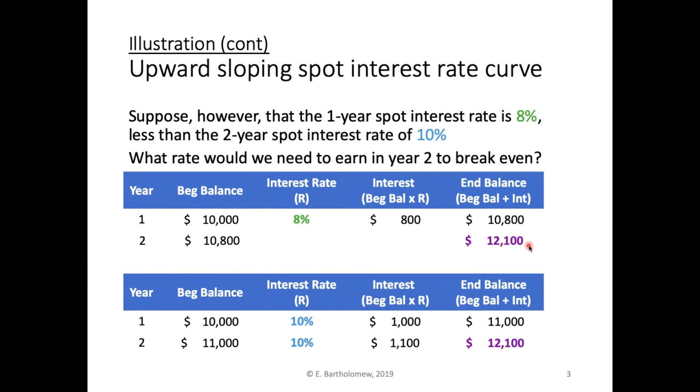And so the difference between the 12,100 where we want to be and where we start is the interest we need to earn that year, 1,300. Then we simply calculate what rate of interest that would imply. So we need to earn 1,300 on 10,800. That means we need to earn 12.037% interest. So if we were to earn 8% in year 1, and then this rate in year 2, we would end up with 12,100, same as we would if we earned 10% each year.